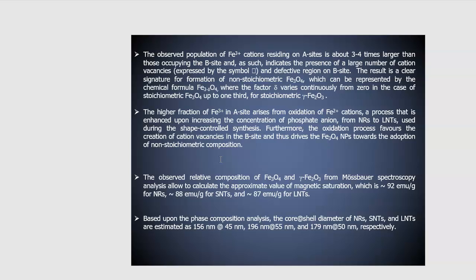The observed relative composition of magnetite and maghemite from Mossbauer spectroscopy analysis allows us to calculate the approximate value of saturation magnetization, which is very close to the saturation magnetization of the bulk material.